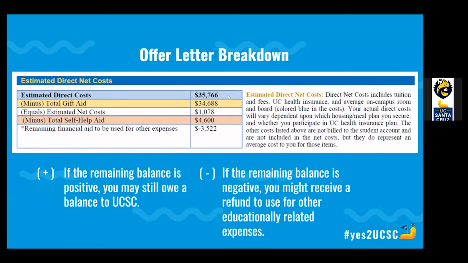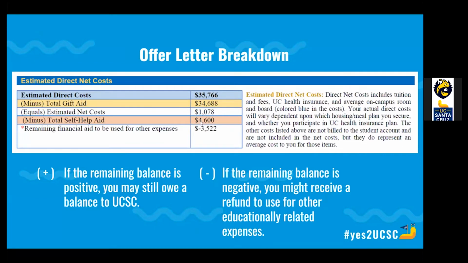This particular student was eligible for $34,688 in grants. And then their estimated remaining net cost is about $1,078. So that student could either elect to pay this out of pocket or to borrow any one of their student loans to help cover the remaining $1,078.